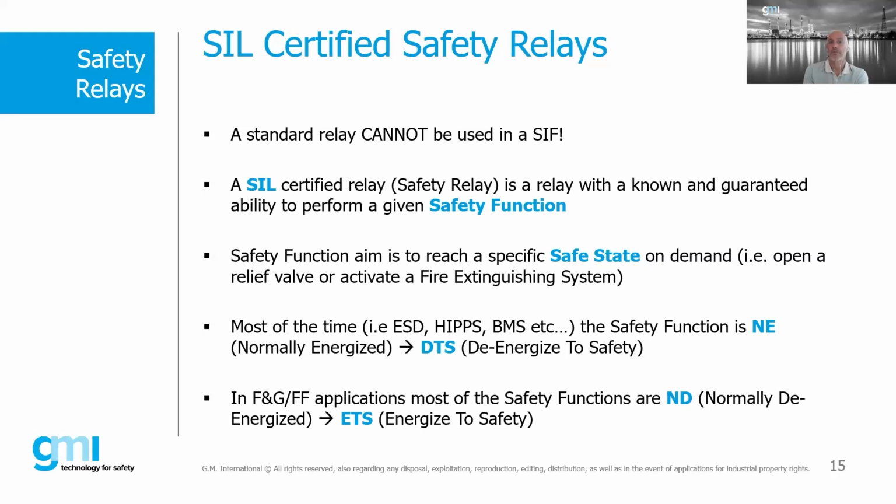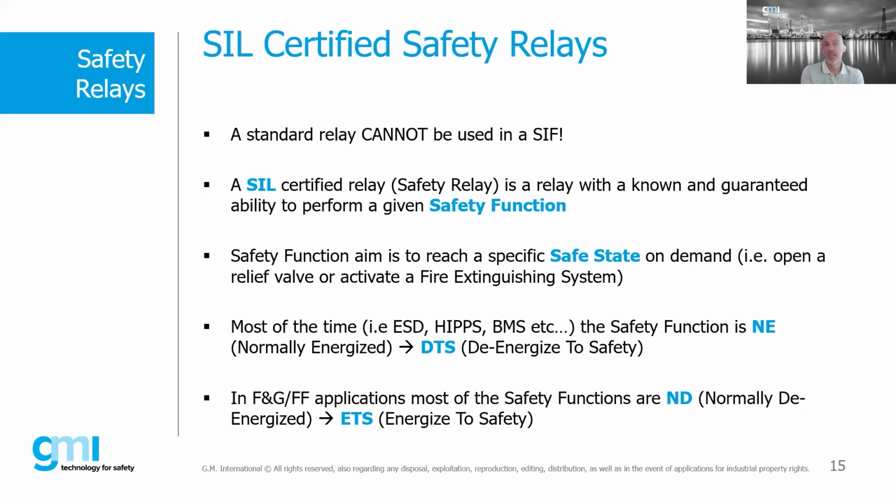Okay, so the safety function is the ability to reach a safe state on demand. Basically, it's very simple: open or close a valve, or start or stop a motor. Those are the main functions where the safety relay is used. Most of the time the solution is normally energized. In case of emergency, you want to open, so de-energize to safety is the function.